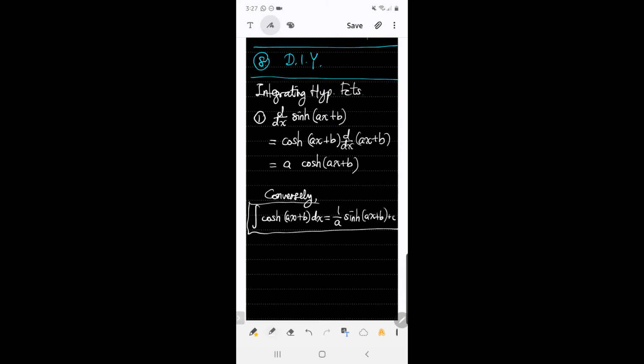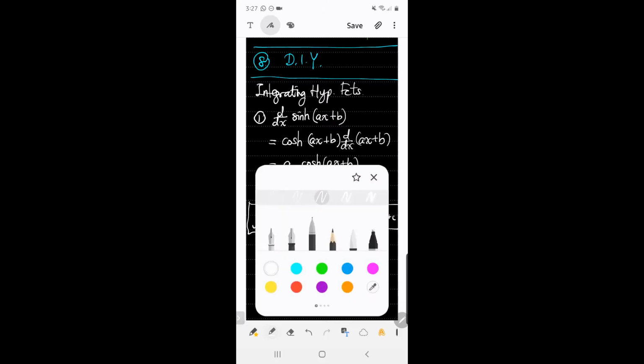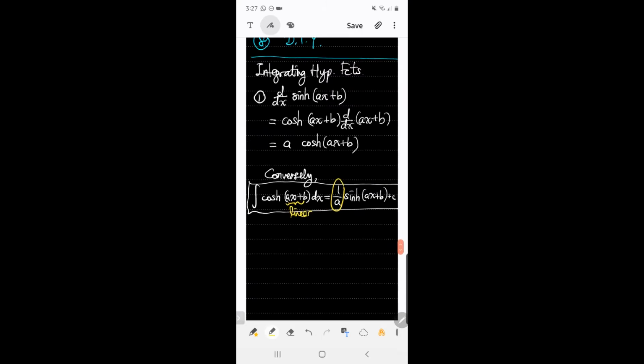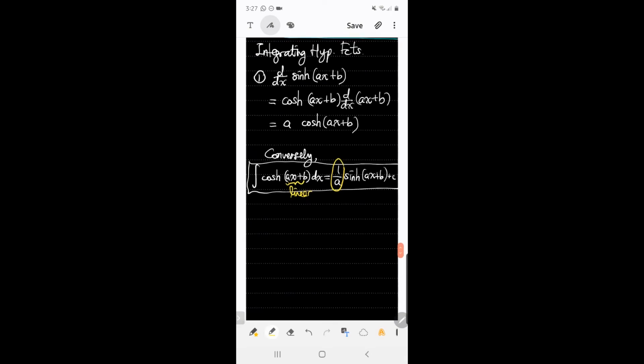Of course, this result is not given in the formula list MF19. However, when this part is linear, you always have this extra factor 1 over a times sinh of ax plus b.